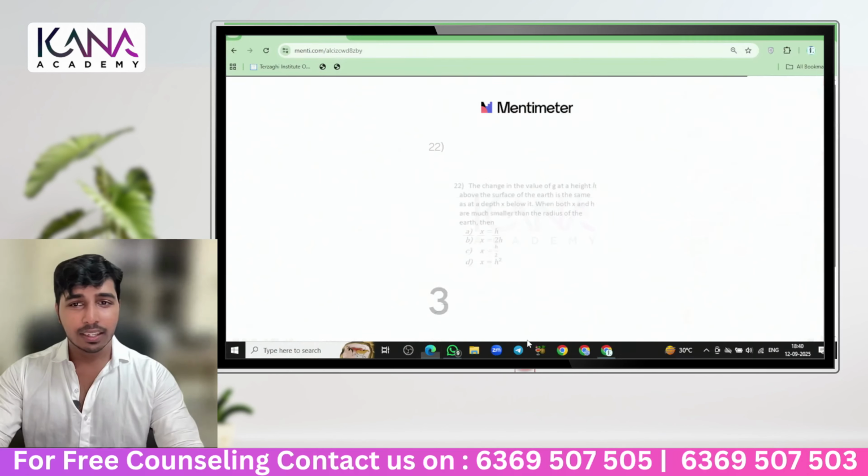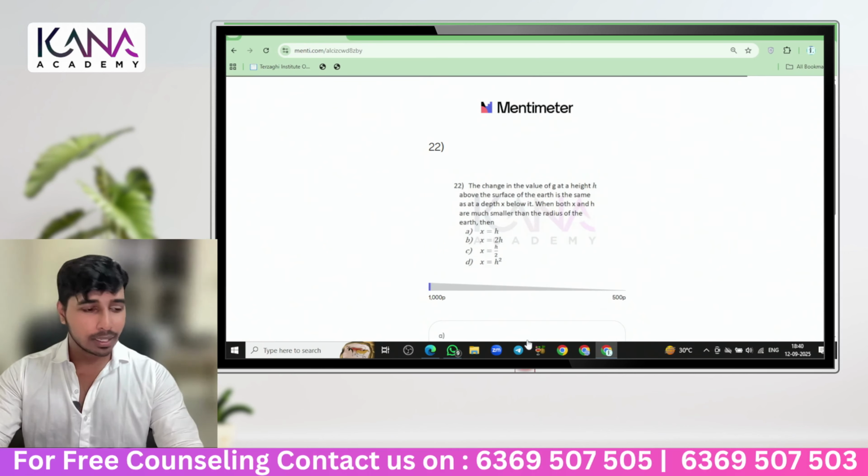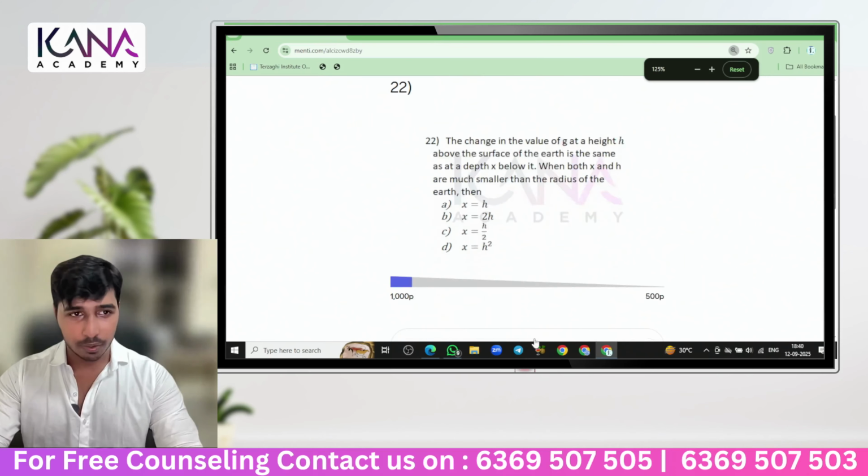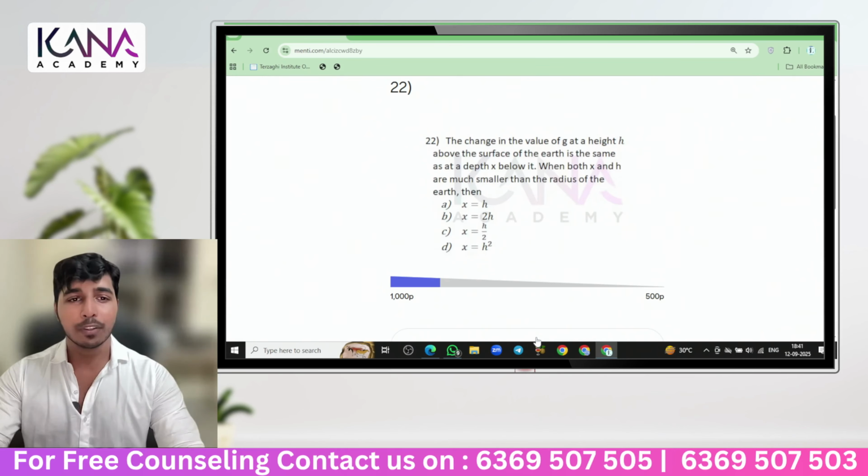I'll just read the question. The change in the value of g at a height h above the surface of the Earth is the same as at a depth x below, when both x and h are much smaller than the radius of the Earth.